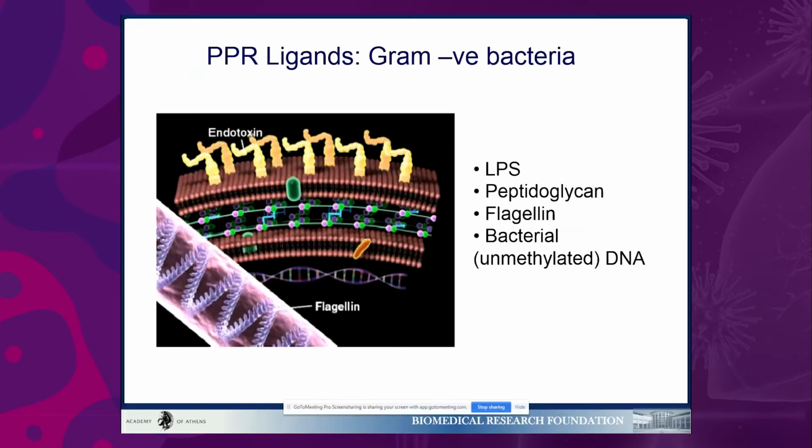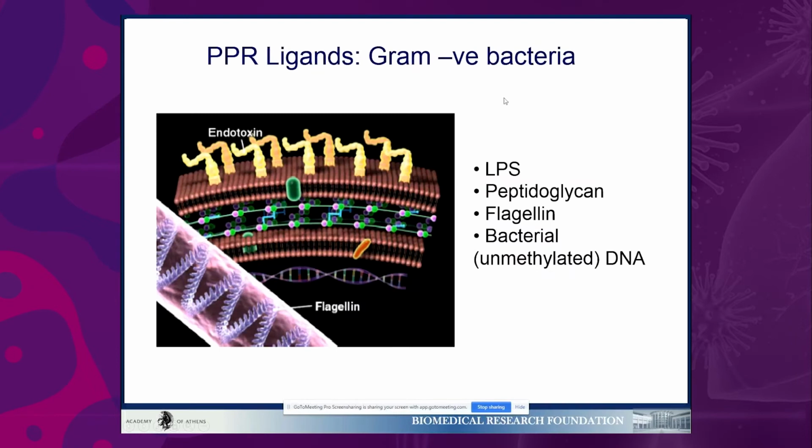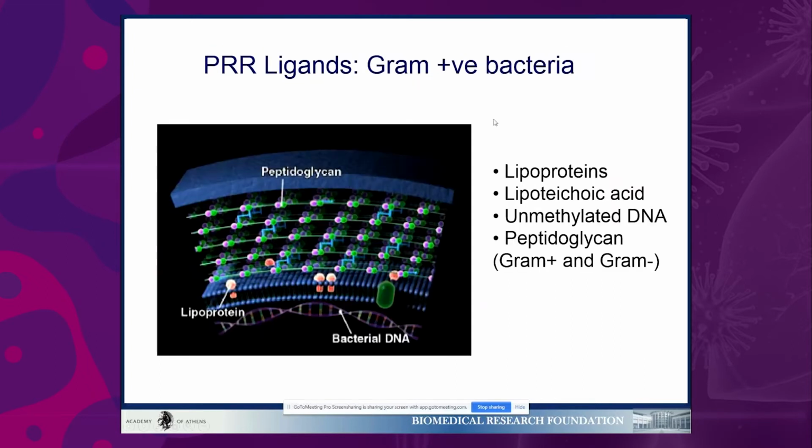Before I go to the actual receptors, what these pattern recognition receptors do is that they recognize conserved microbial structures, and as we know now, also some non-microbial structures. And that includes, just to give you a few examples, from gram-negative bacteria, LPS, beta-glucan, flagellin, bacterial DNA, which is unmethylated or undermethylated, and also structures from gram-positive bacteria, such as lipoproteins, lipoteichoic acid, unmethylated DNA again.